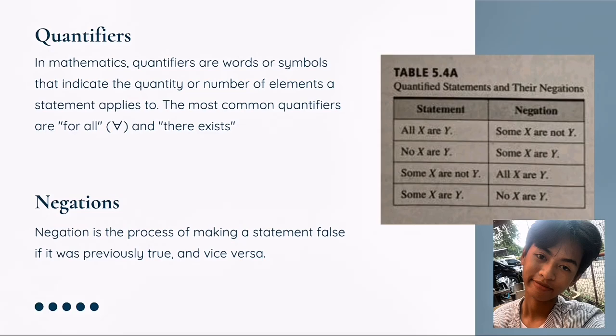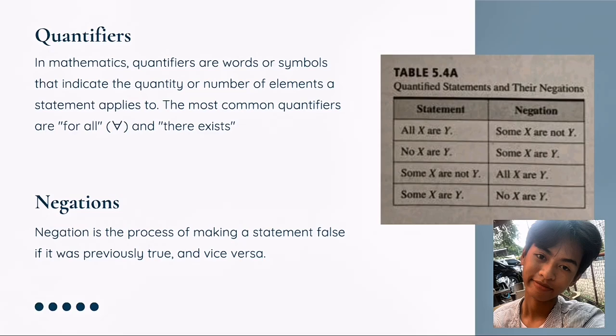On the other hand, negation is the process of making a statement false if it was previously true, and vice versa. As you can observe in table 5.4a, it shows quantified statements and their negations. It is given here what the original statement is and the negated sentences.